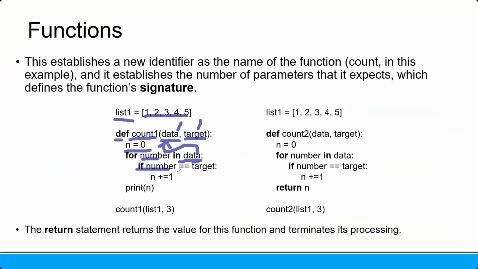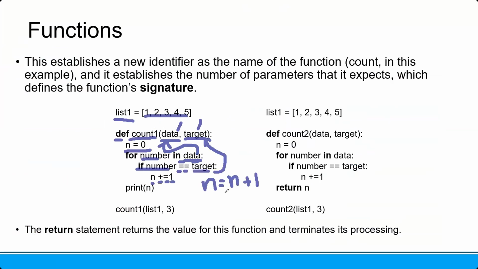If number equals target, so the target equals the value that you input. If the number equals the target, then n plus equal 1. n plus equal 1 means n equals n plus 1.